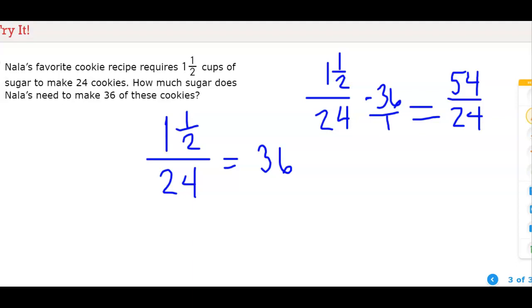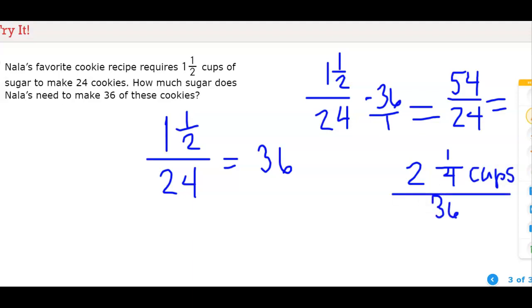So let's simplify. And this is equal to 2 1/4 cups of sugar for 36 cookies.